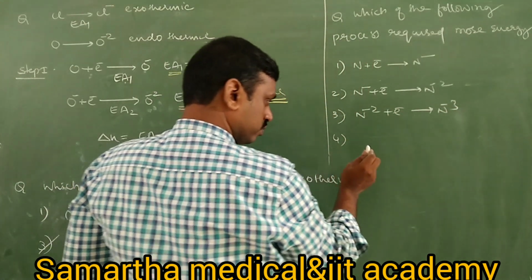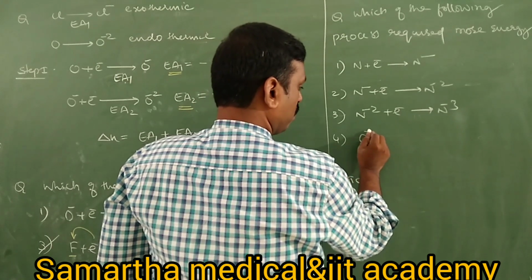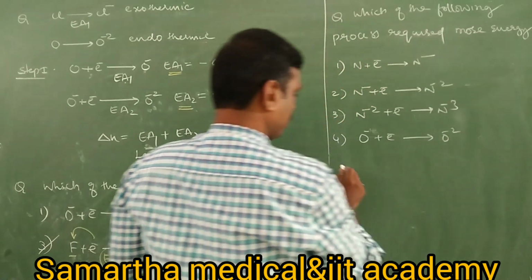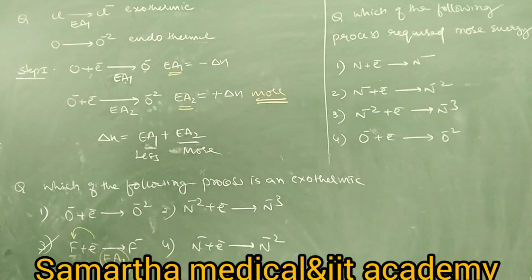Next, 4: O minus plus electron gives O minus 2. Tell me, where is the energy required more?